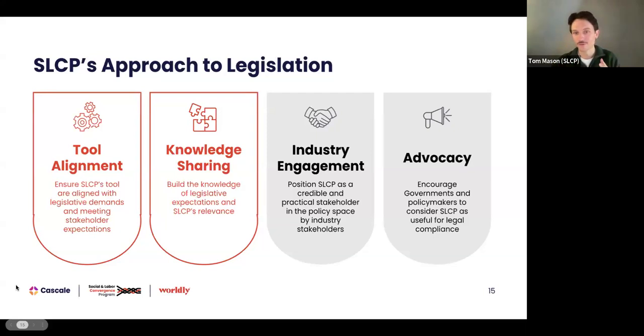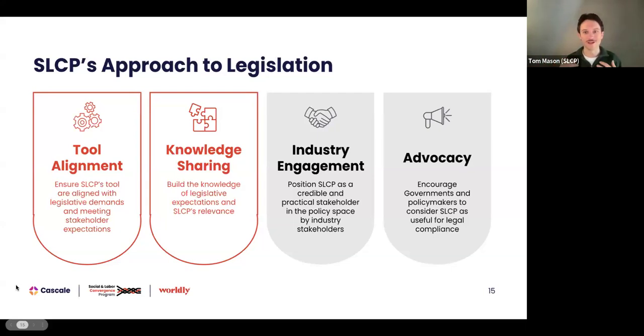The second, which I'll go into more detail in a minute, is knowledge sharing and capacity building. The third, which is part of what we're doing today, is engaging with the industry: making sure that SLCP and Cascale are considered credible and practical stakeholders by policymakers, governments, and also you as the industry stakeholders to implement legislation.